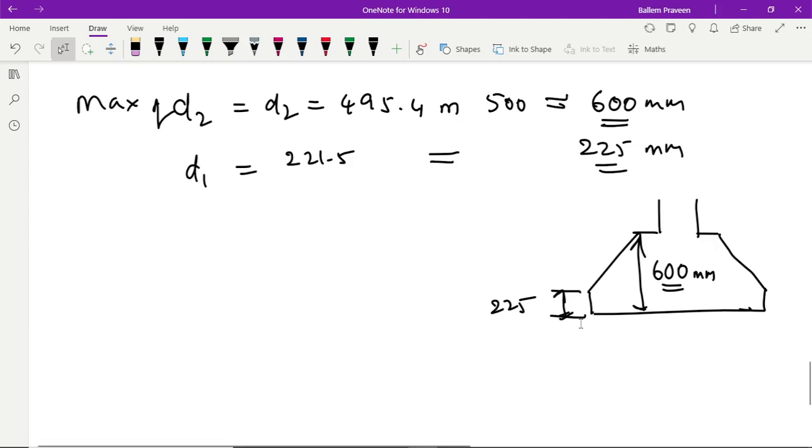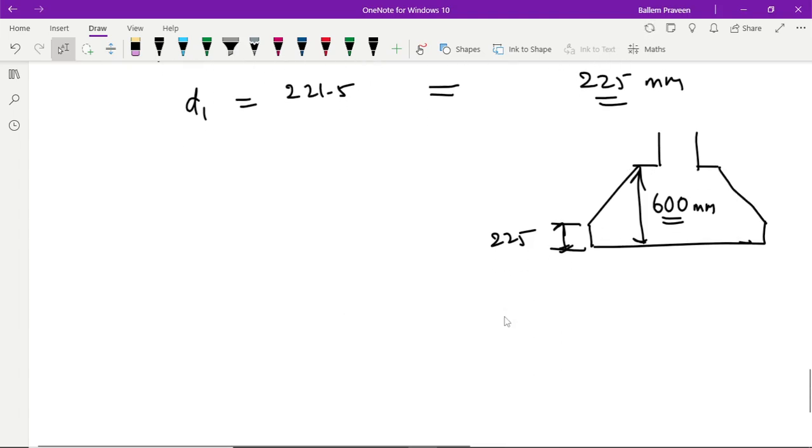Okay, now the next step is you need to calculate the required steel for this footing, that is the area of reinforcement or reinforcement details.